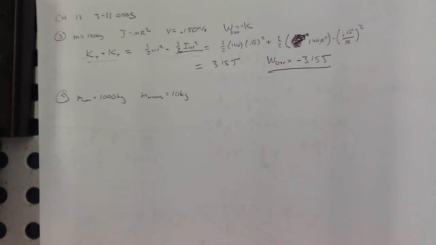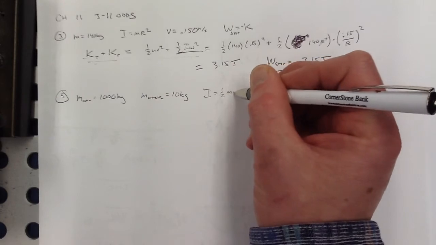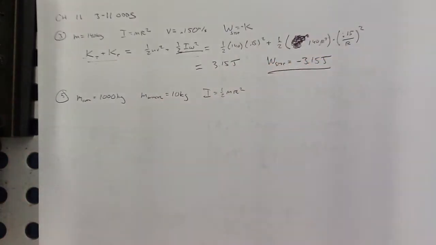When the car is moving, what fraction of its total kinetic energy is due to the rotation of the wheels about their axles? Assuming the wheels have the same rotational inertia as uniform discs of the same mass and size. So discs, so we're talking about 1/2 mr squared for those. Why do you not need to know the radius of the wheels? We already know that. We just did that here.